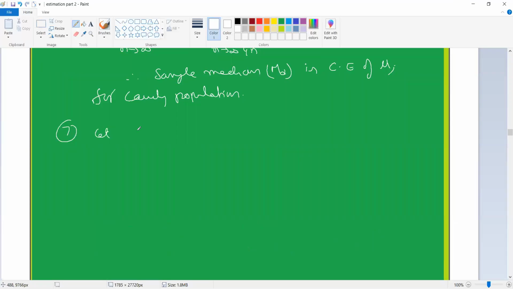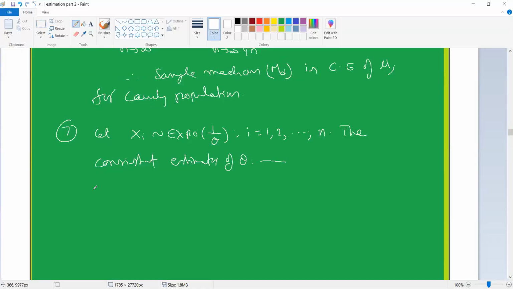That is, let xi follow exponential 1 by theta, where i is equal to 1 to n. Find the consistent estimator of theta.